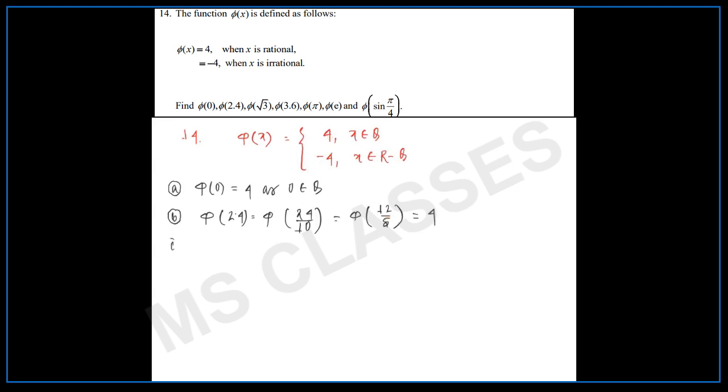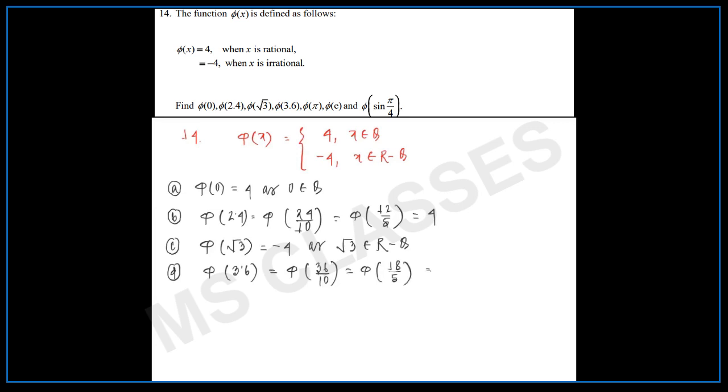Next, subpart C, phi of root 3, which will be minus 4, as root 3 belongs to R minus Q. Next, we come to subpart D, which says phi of 3.6, that is phi of 36 by 10, and that is phi of 18 by 5.